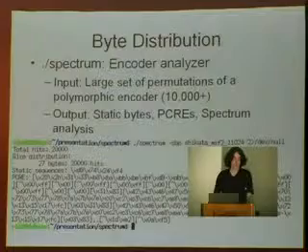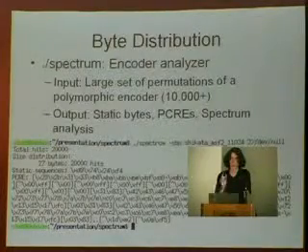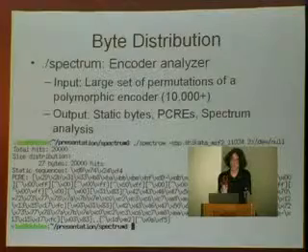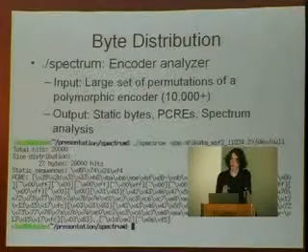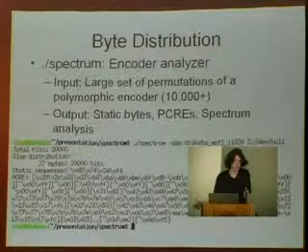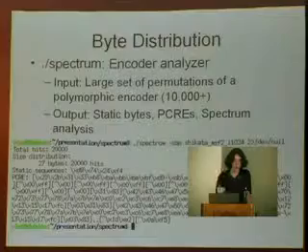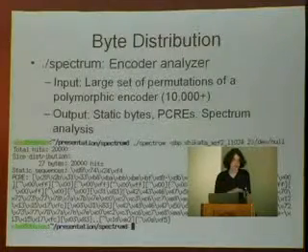And so what you can do with this is you can look at every single byte in every single one of those encoders, and you can say only these bytes actually occurred in all 20,000 or 50,000 encoders. So it's statistically probable that these are the only ones that are going to occur in the encoder anytime.